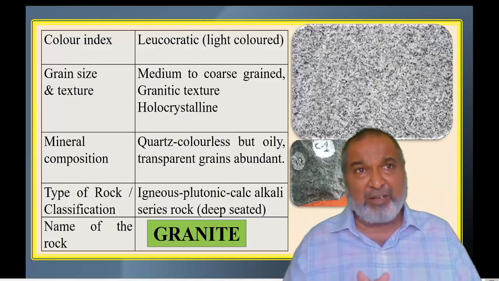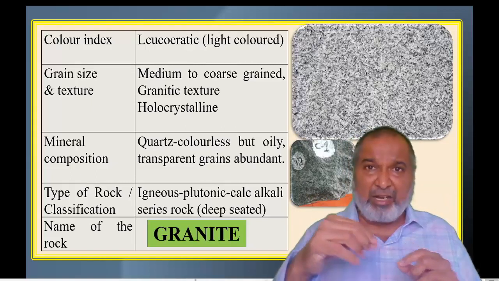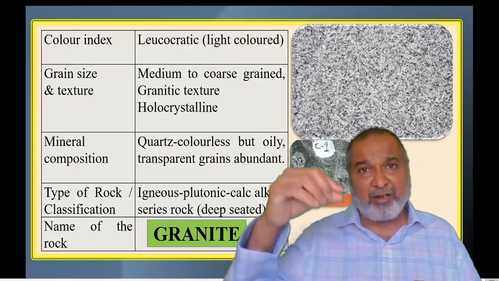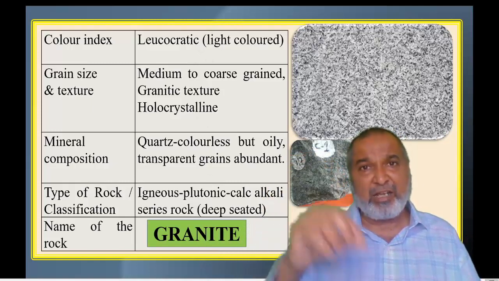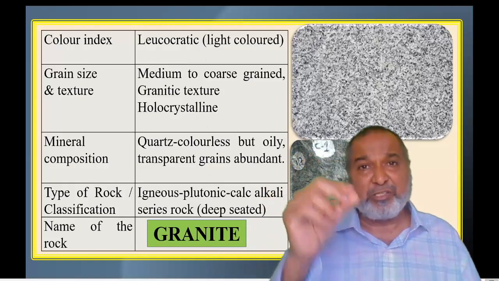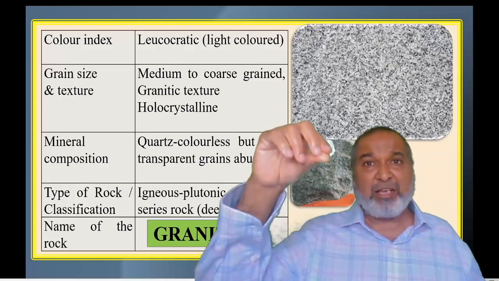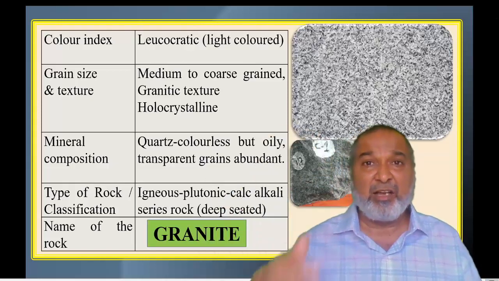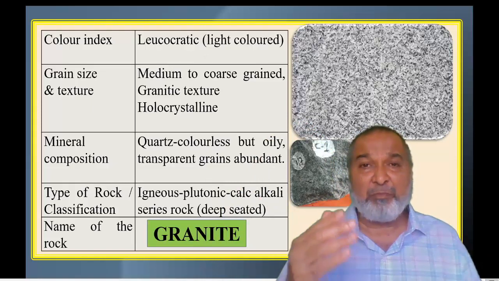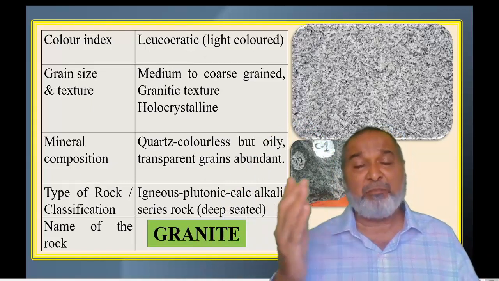Then the next one: if these cavities are interconnected and all the interconnected cavities are filled by zeolite secondary material, you are going to see a pipe-like structure. Then this is called an amygdaloidal pipe-like structure.